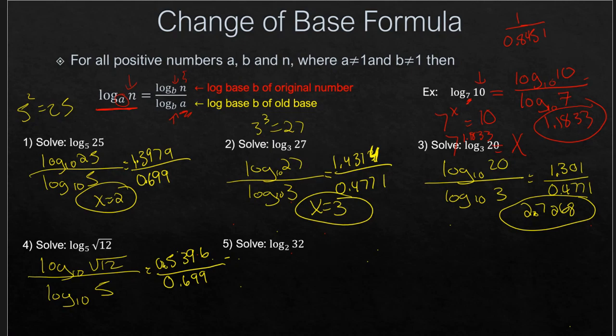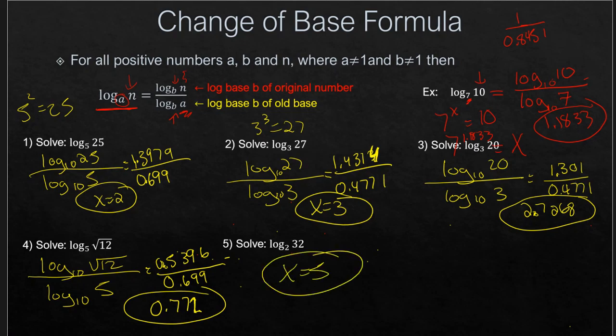Divide those two, 0.5396 divided by 0.699. My answer is 0.771. I guess I'll round that to a 2. That's our answer. All right, this next one is going to give you the answer of 5.